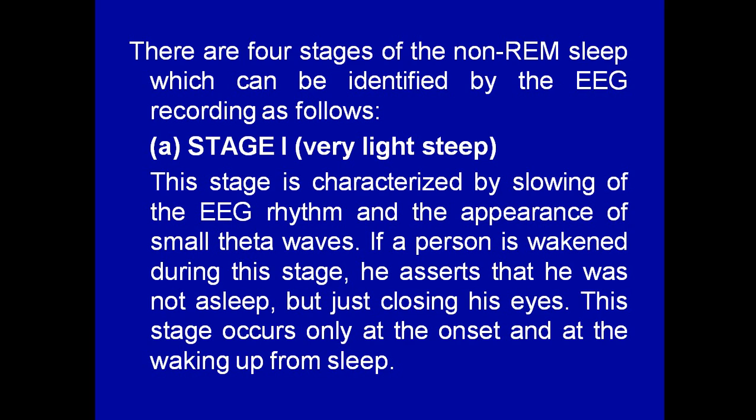If the person is awakened during this stage, he will assert that he was not asleep but just closing his eyes. This stage occurs only at the onset of sleep and at waking up from sleep.